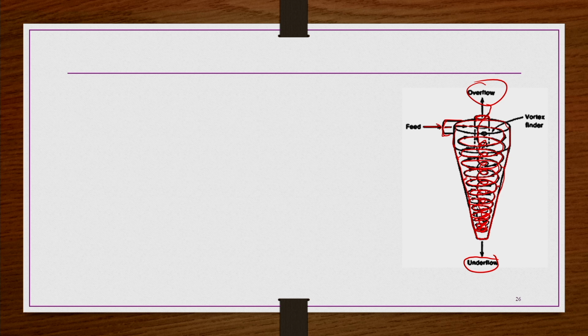By the time the feed reaches the bottom, most of the particles are separated. So, the remaining liquid will have the lower density, and then it moves up as a kind of inner vortex, and is taken away as overflow like this. Okay. This is the hydrocyclone process, how it works.